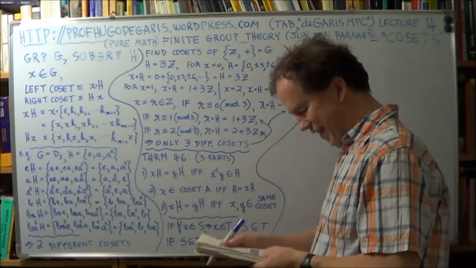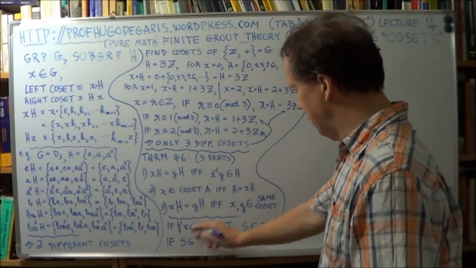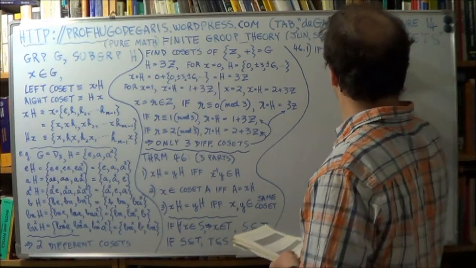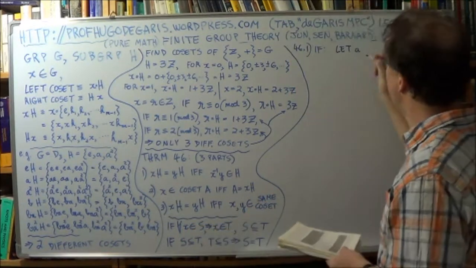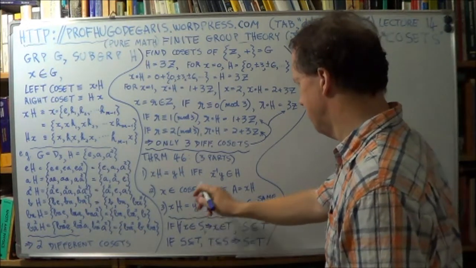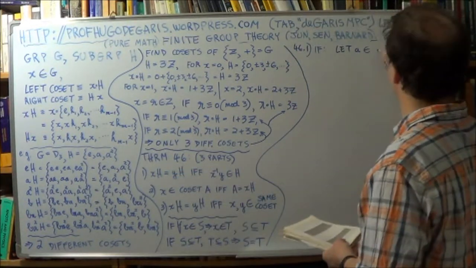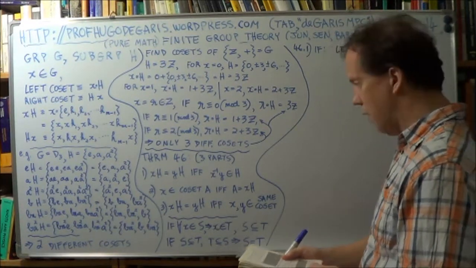Okay, now a lot of steps. Now, all right, so let A, I could use X, but just a random element A, let A belong to xH, right?